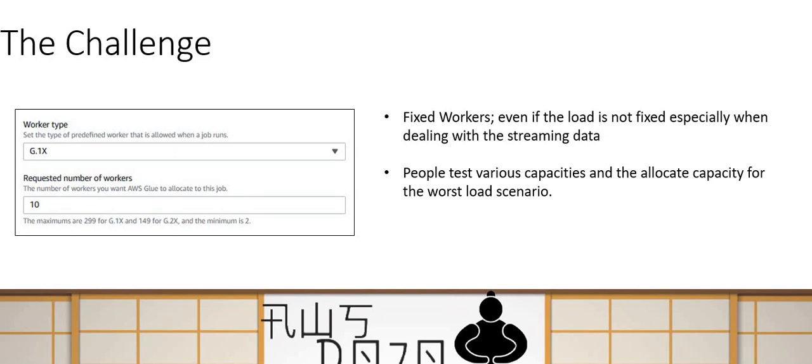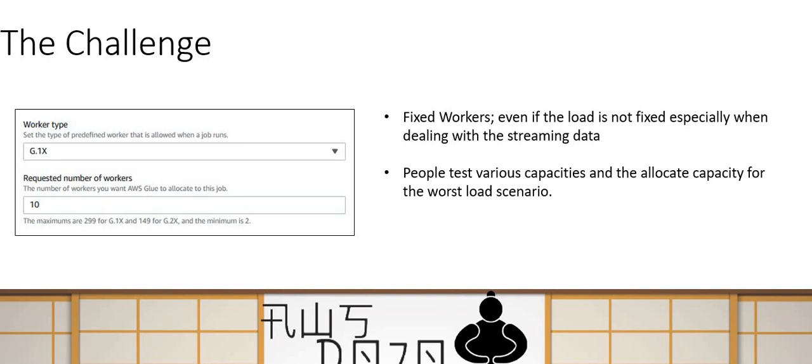So bottom line is that people allocate capacity based on the worst load scenario, and in that case you end up paying more for your Glue job because it is not always optimally used.